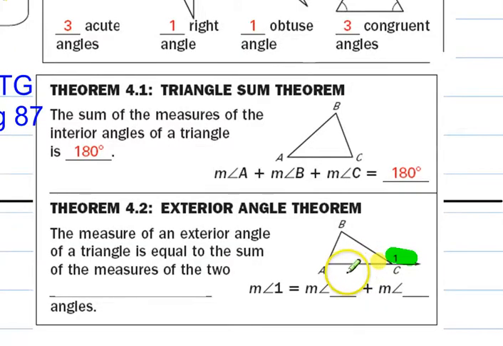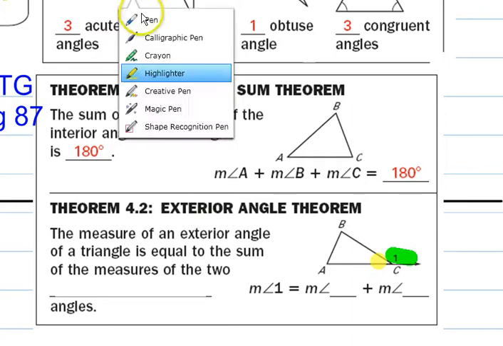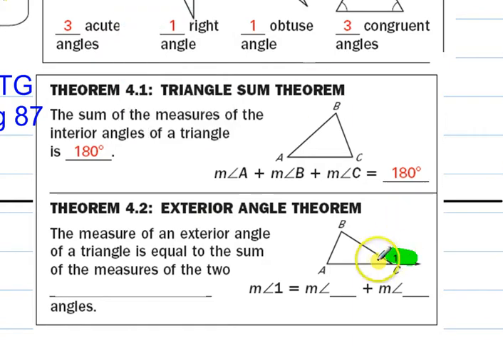As you can see, we have a linear pair between this interior angle at C and this exterior angle. Because we have a linear pair, if I add up the measure of the interior and the exterior angle, I should get 180 degrees.